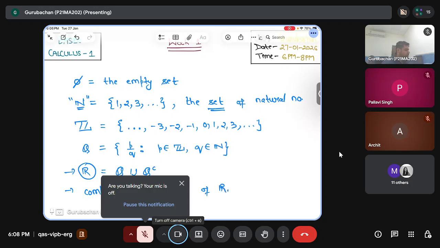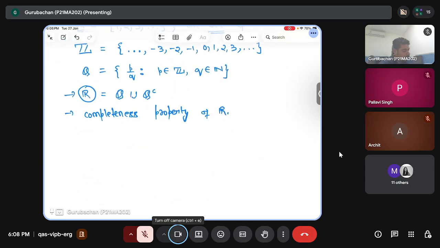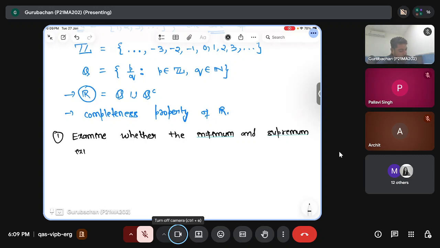So let me write the first question. Examine whether the infimum and supremum exist and belong to the given set.